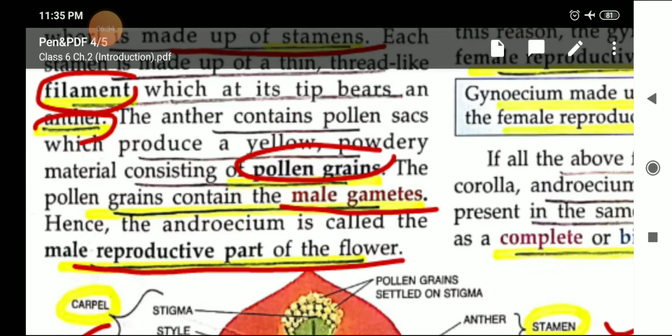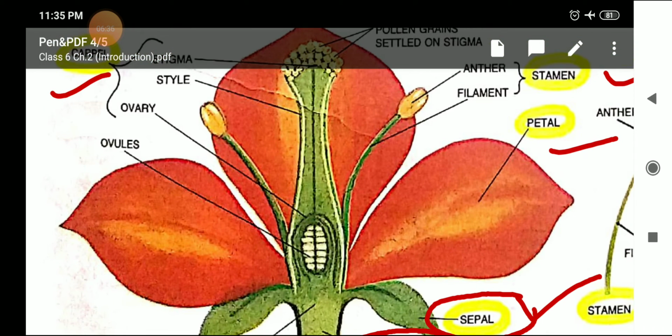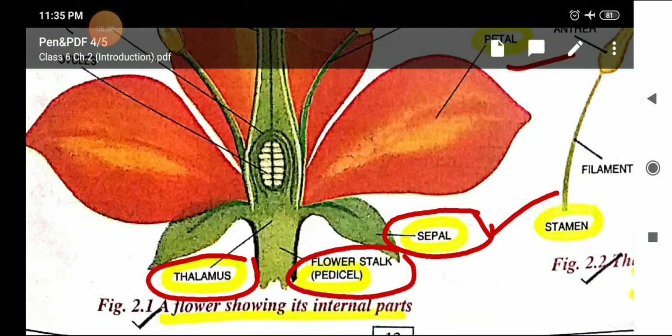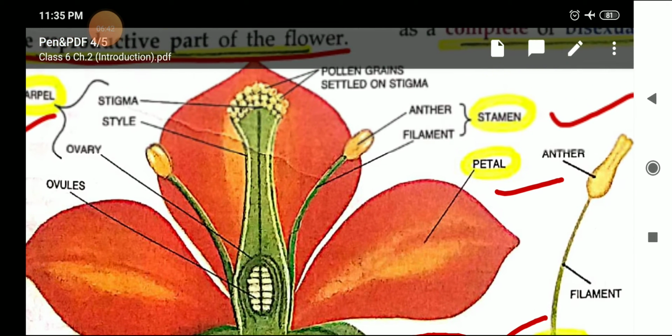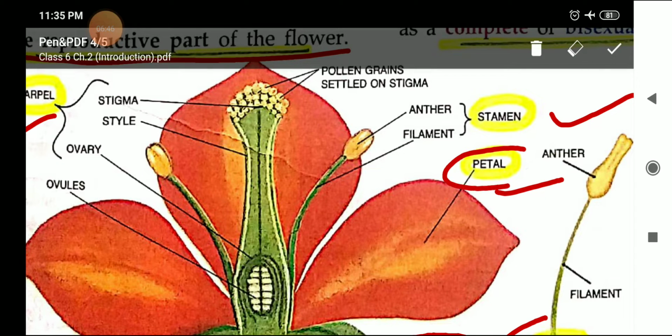Just look here in the diagram. The colorful part, I have shown you the green part, that is sepal. Now the colorful attractive part, that is petal. You can see the red colored petals. Then the third whorl, that is androecium, which is made up of stamen.